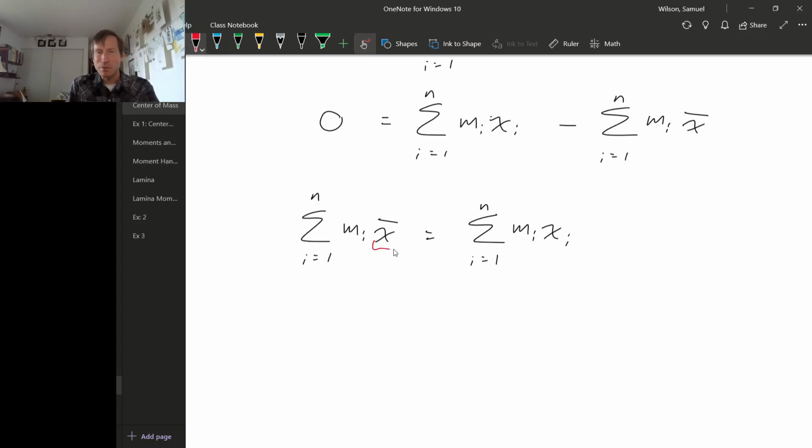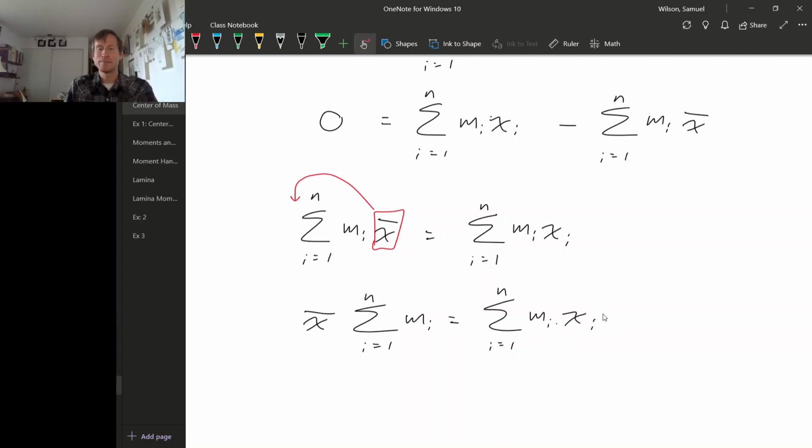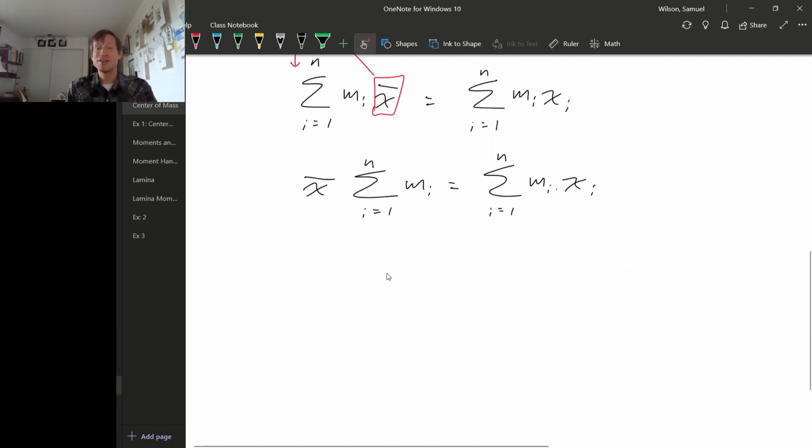But look, x bar is a constant. It doesn't depend on I. So it's a constant multiple, and we can move it outside of this sum. So we get x bar times the sum from I equals 1 to n of m sub I equals the sum from I equals 1 to n of m sub I times x sub I. And now we can find our center of mass just by dividing.